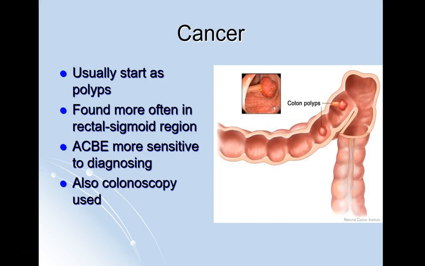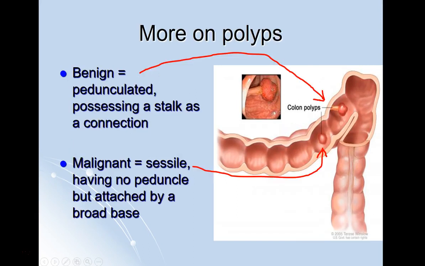An air contrast barium enema or a double contrast is going to be a really sensitive test for diagnosing these polyps. And you can use a colonoscopy, and often colonoscopy is the first screening tool to look for colon cancer. So that's going to be used more often than a barium enema.